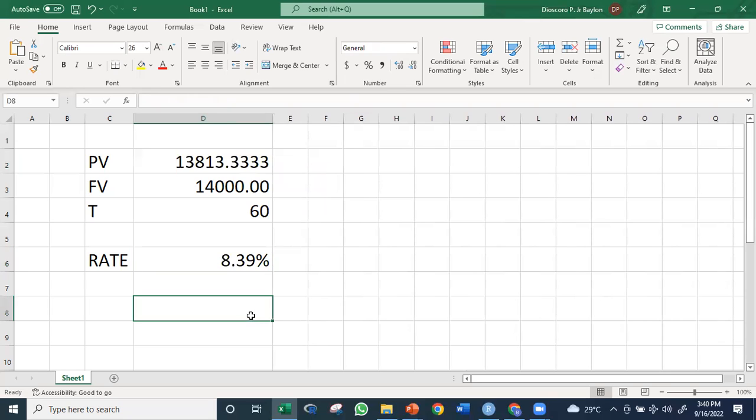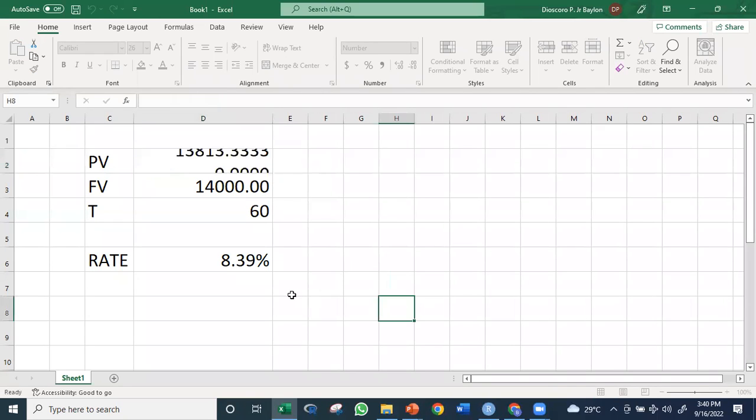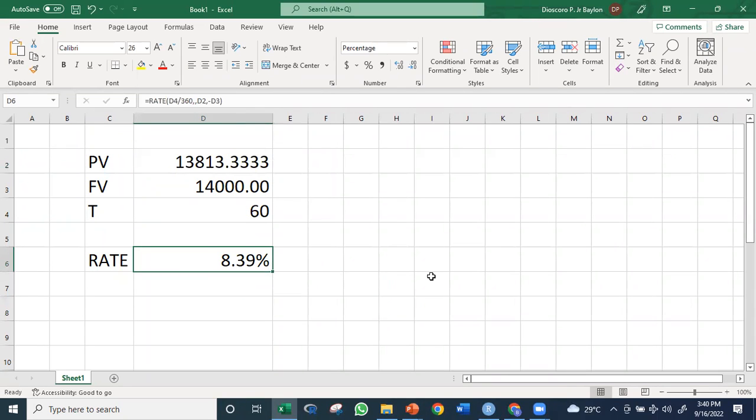what we can see here also is that this rate, which is the effective rate, is different from the rate that we used here. Okay, yung rate dito 8%, eh, no? Ang effective rate dito lumalabas is 8.39%. So mas mataas pa rin talaga. It's higher compared to the nominal rate of 8%.